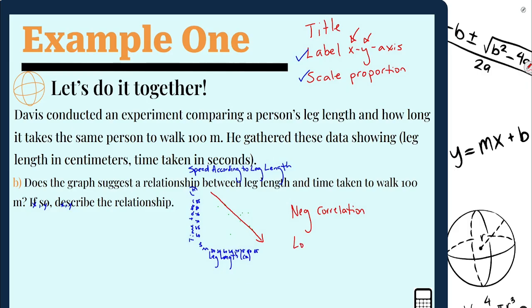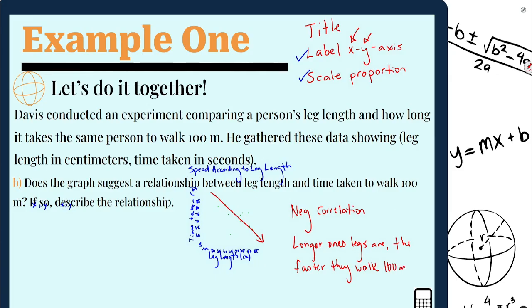So the longer one's legs are, the faster they can walk 100 meters. The longer one's legs are, the faster they walk or reach the 100 meters.